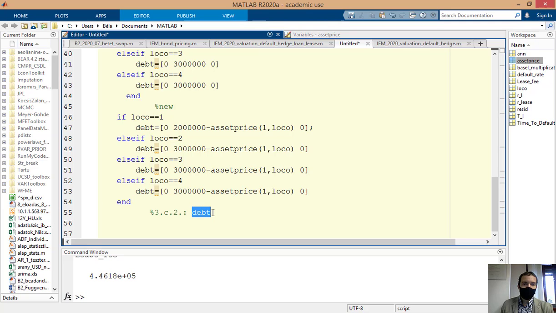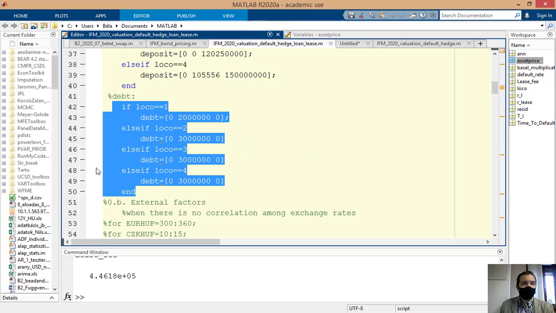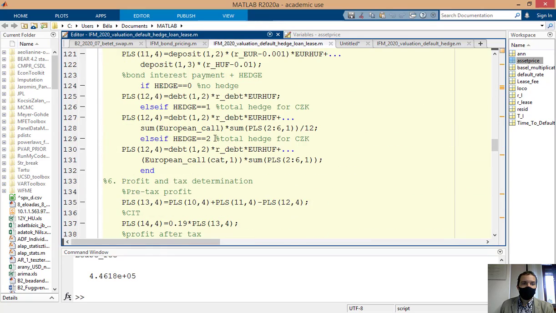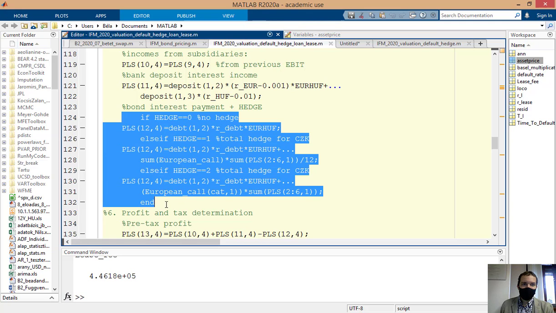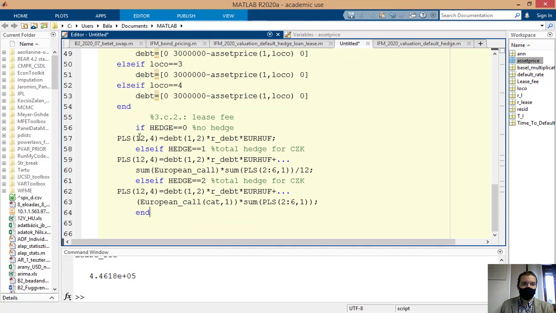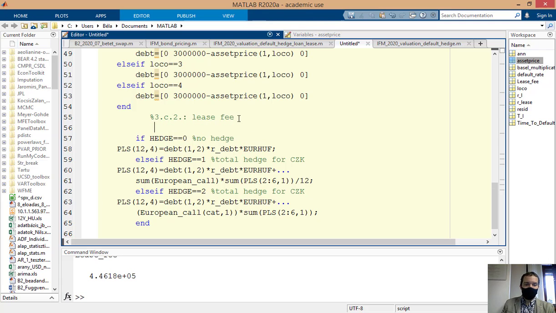But at the same time, we have the lease fee. So what will change here? Okay. This is also the old, and let's say the new.